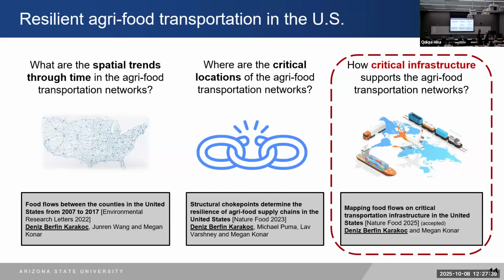Tell me an exact location, right? So then we thought, okay, how can we map this bird's eye view analysis onto a real world transportation infrastructure? Can we actually pinpoint the highway, railway, and waterway paths that are most critical for the food distribution? Which brings us to our third research question.